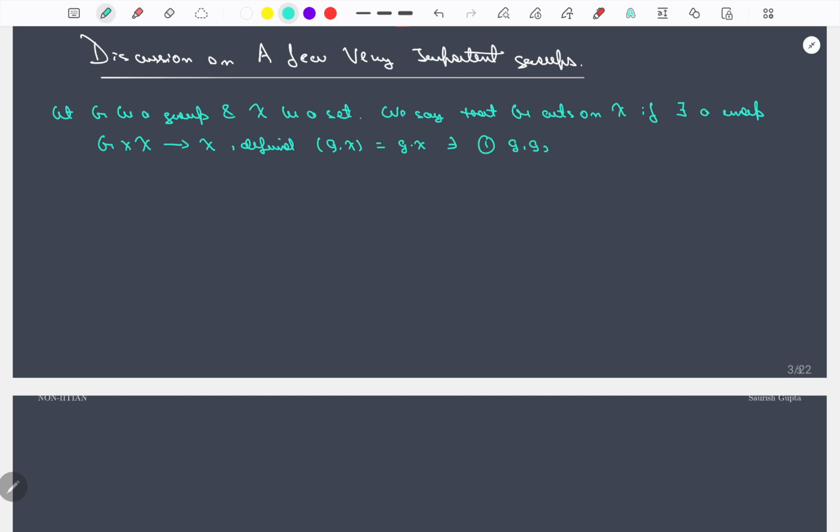Firstly, if I have two elements in the group, G1 acts on G2 and G2 acts on X in the following sense. And the element 1 acts on X trivially.